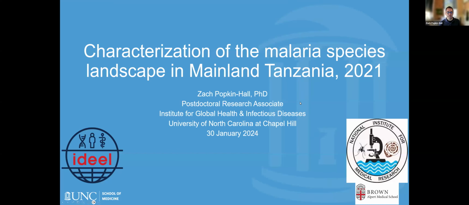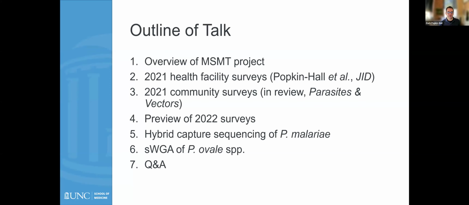I'm just going to first give an overview of what I'm going to talk about today in this presentation. First, I'm just going to explain a little bit about the project that generated this research, which is known as MSMT. We'll spend the bulk of the time talking through the paper that landed me this invitation, which is this 2021 survey of patients at health facilities in mainland Tanzania, which is now out in Journal of Infectious Diseases, as you heard.